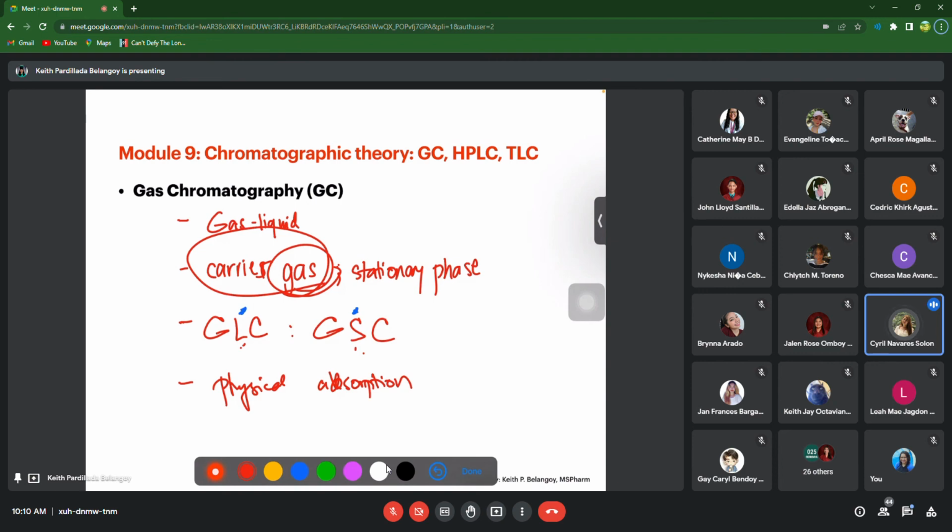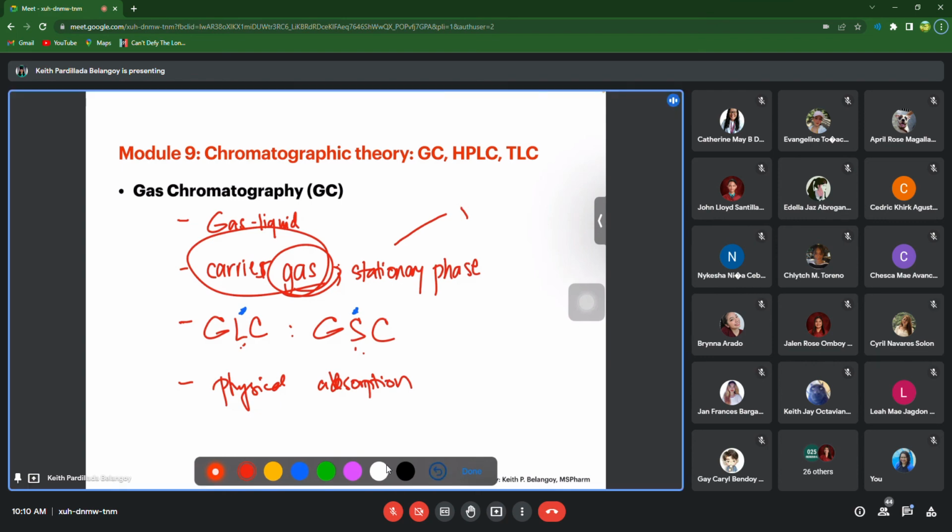Compounds that have a greater affinity for the stationary phase spend more time in the column, and those elute later and have a longer retention time than samples that have a higher affinity for the mobile phase. Again, can you repeat that?